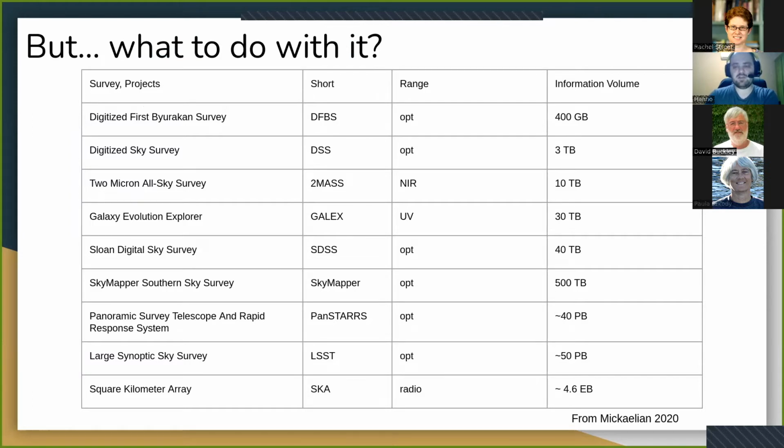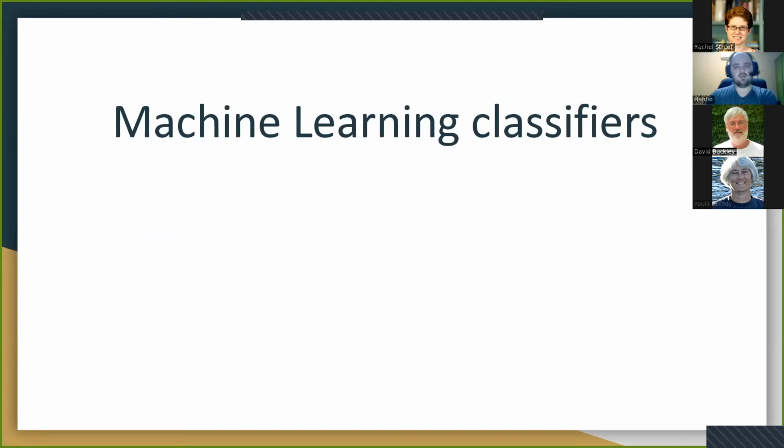And even with today's algorithms to go through this, with this amount of data, those algorithms will start falling short. And to that end, I started looking at machine learning classifiers to see if we can reduce the amount of footwork that we as observers need to do to find new transients and classify them.